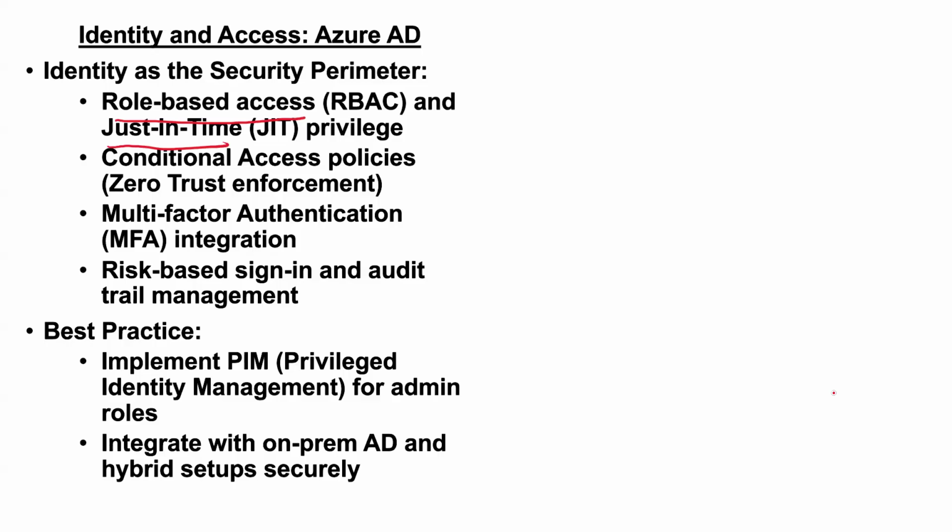Just in time means that for a particular time, a particular portal will be activated with the help of authentication or authorization. It does not come directly, it comes with the help of a third person who gives you the authorization to see what happened.